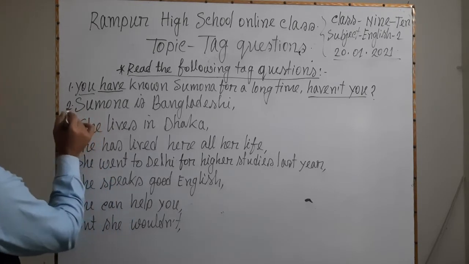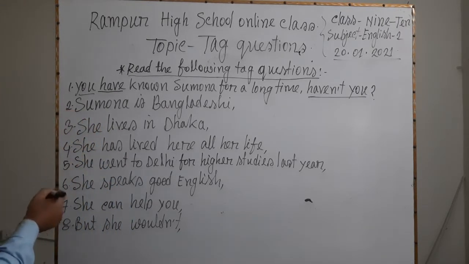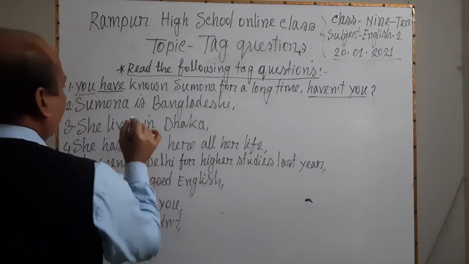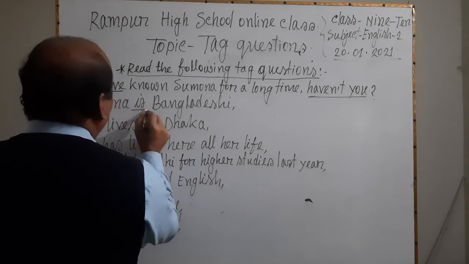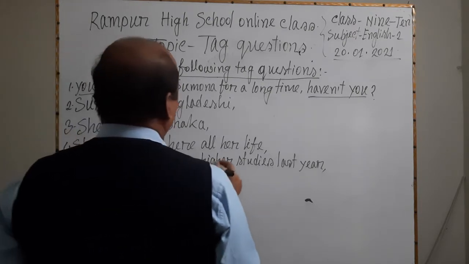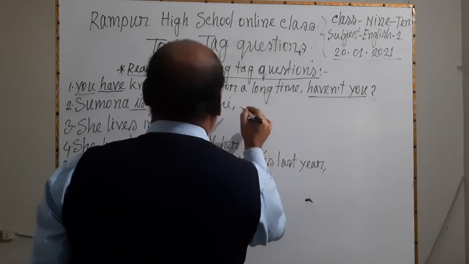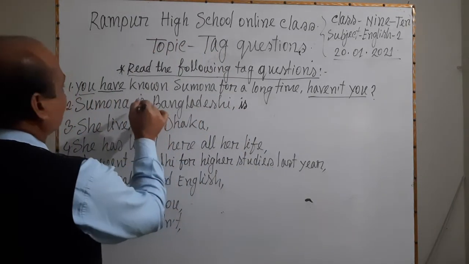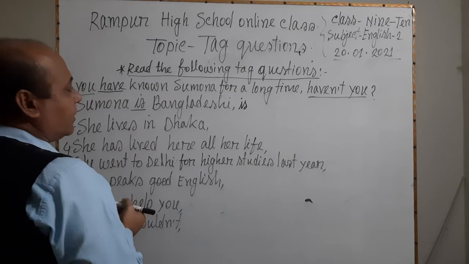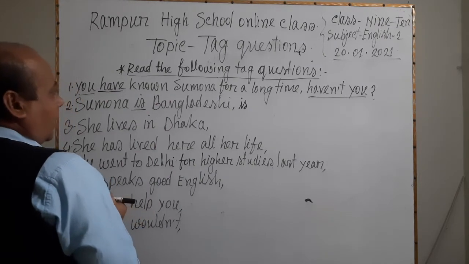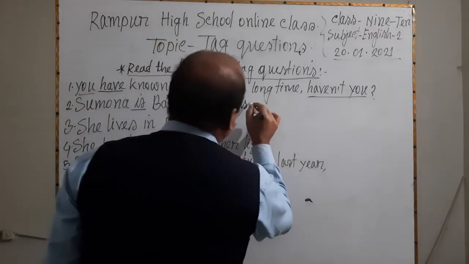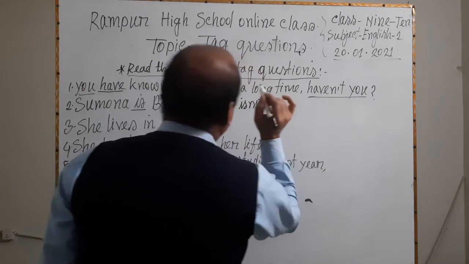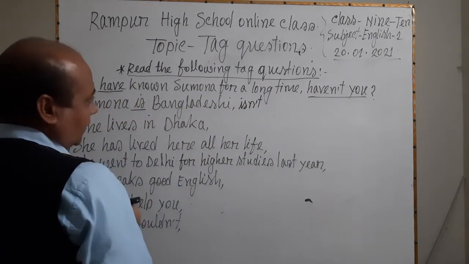notice the second example. Shumana is Bangladeshi. Here the auxiliary verb is. So I use is. As it is an affirmative statement, I will use the not contracted form.